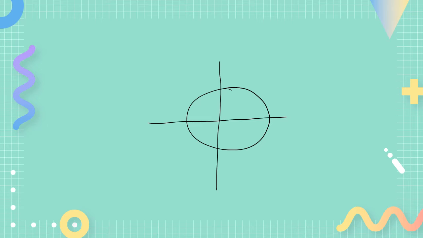So we're going to divide this into quadrants. So this is 1, 2, 3, 4. And also according to the CAST rule, all trig ratios are positive here, sine is positive here, and only tan is positive in the third quadrant, and cosine is positive in the fourth.